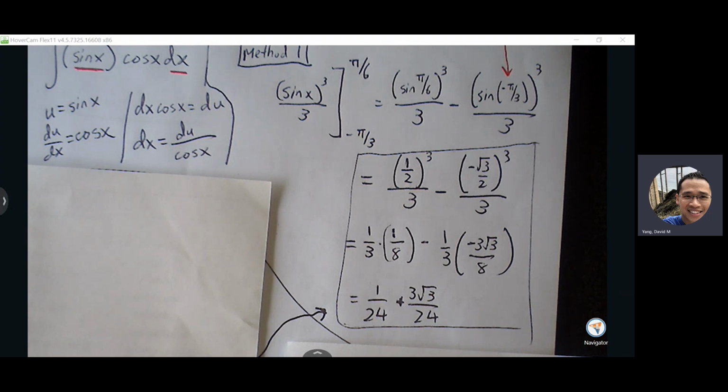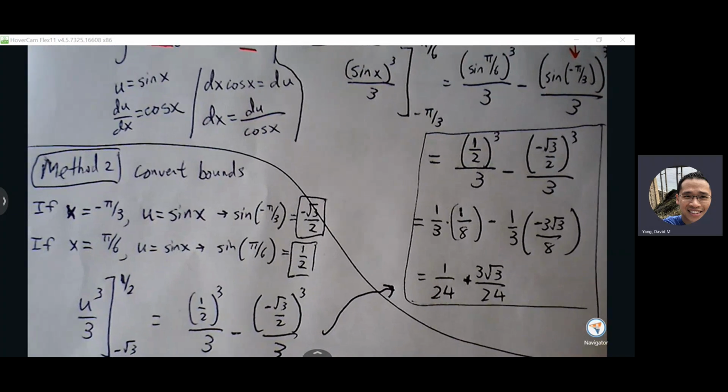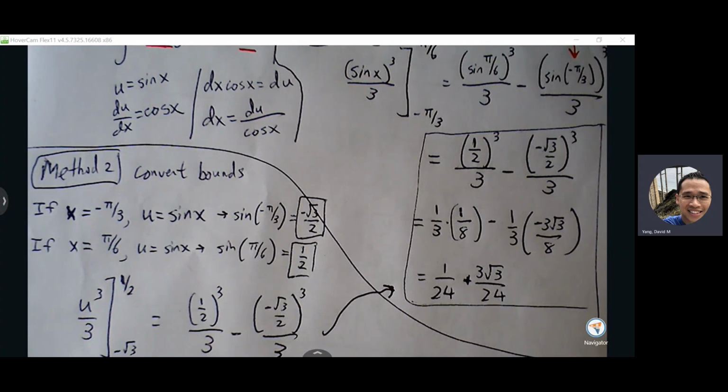The second option is leaving this in terms of u cubed over 3, and then changing the bounds to be in terms of u, and then going through that process. Okay. So let me show you that method. Convert the bounds. Take the negative pi over 3 lower bound, push it through the u equals sine of x equation, and then get that updated lower bound in terms of u.